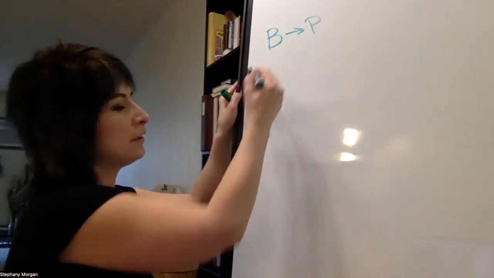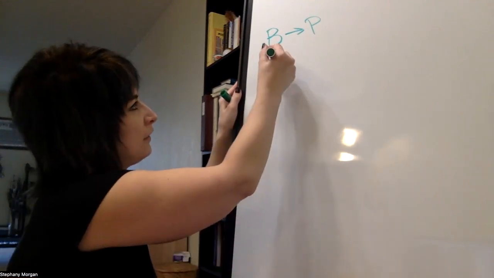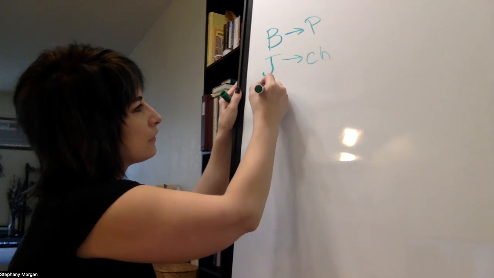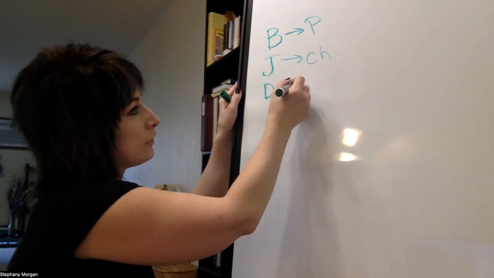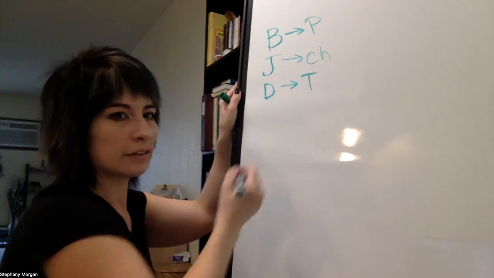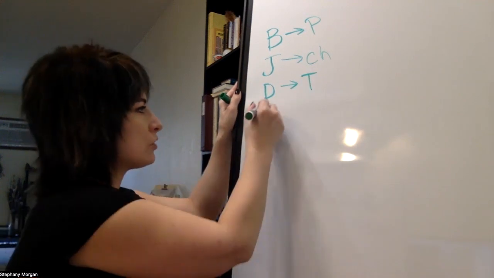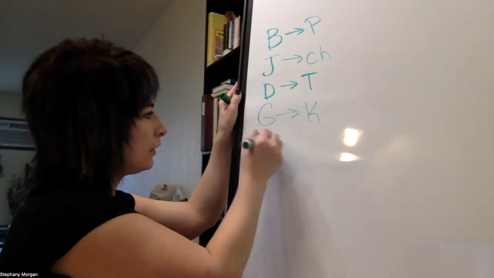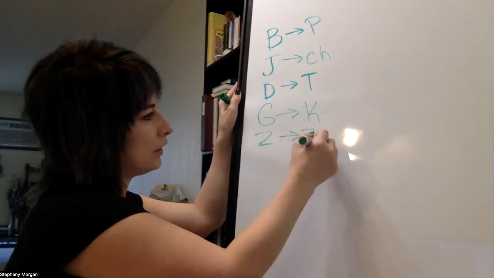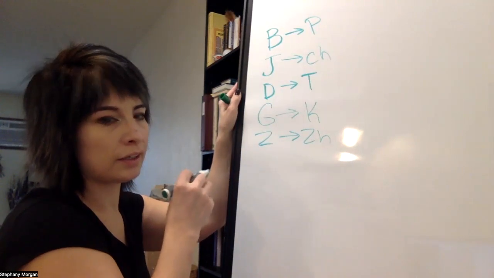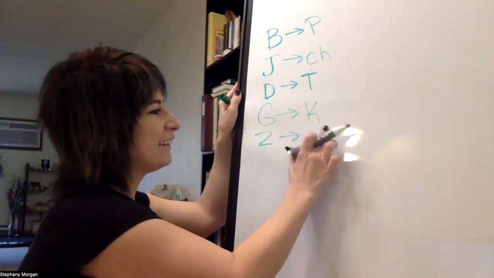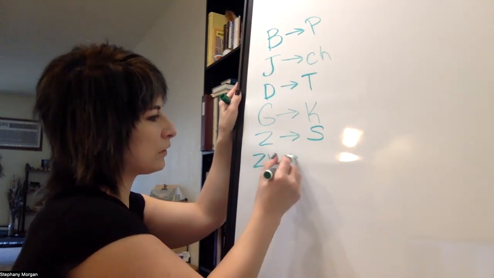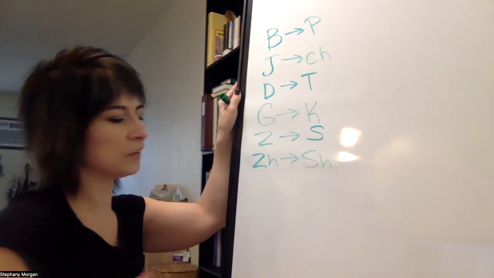B changes to P, J changes to C, D changes to T, G becomes K, Z becomes S, ZH becomes SH. All right.